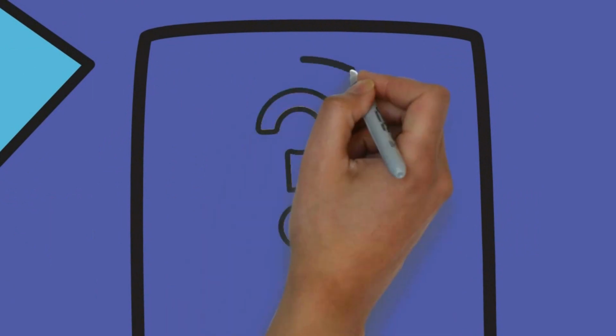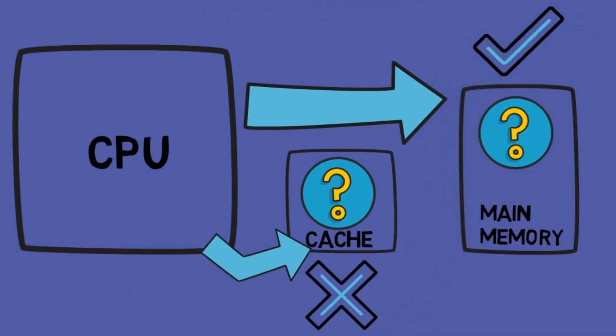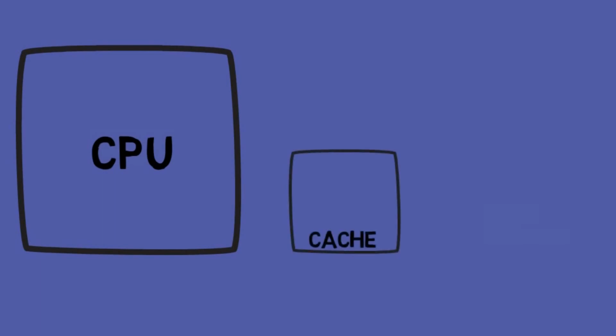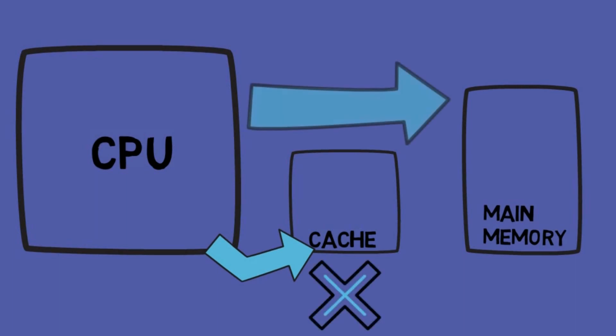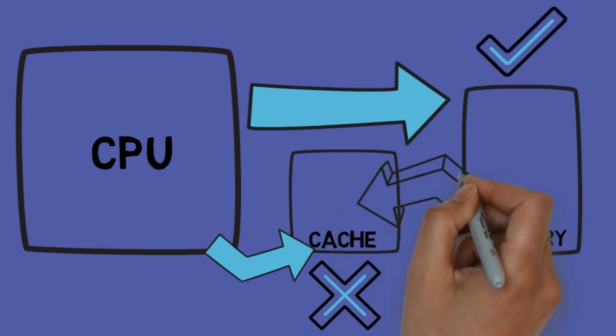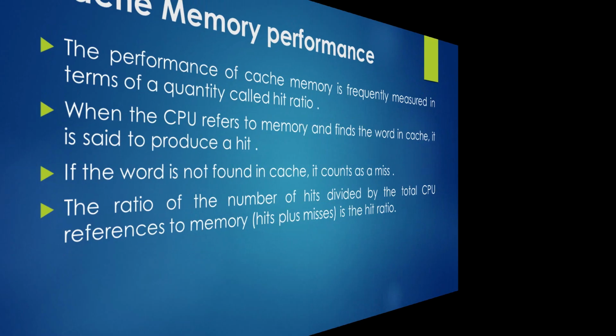If the same data is available in main memory, then what happens? Let's look at the same in a different animation. As the data was not available in cache and it was available in main memory, the main memory is now sending and storing the data in the cache for future reference.